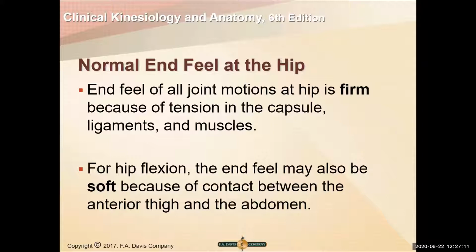Firm end feel is good at the wrist. If I pull back and let go, I spring back. Yeah, right? The body doesn't like being in those firm end feels. If you take your hand right now and push back here, the body doesn't like that very much, right? And it's to provide that sense of where the joint is.